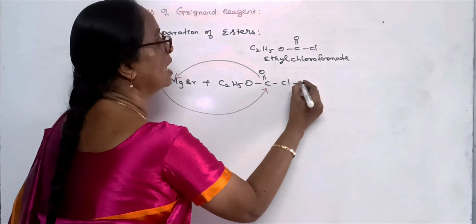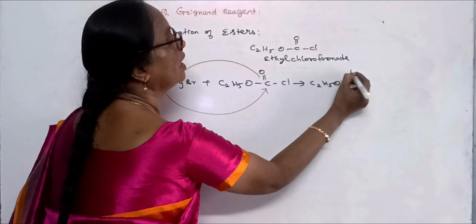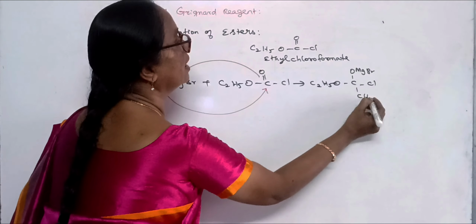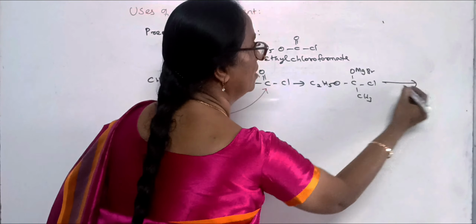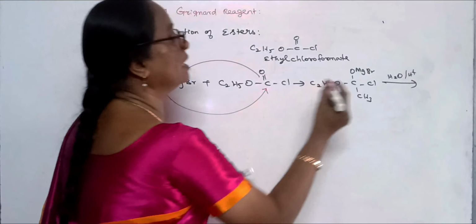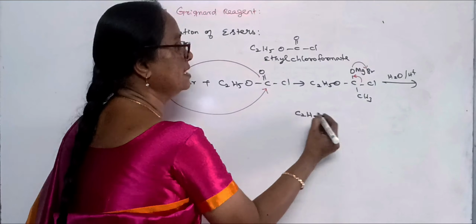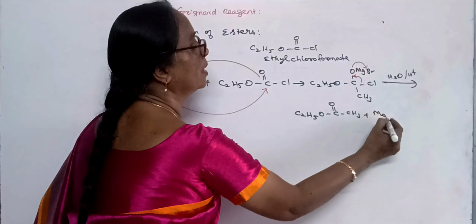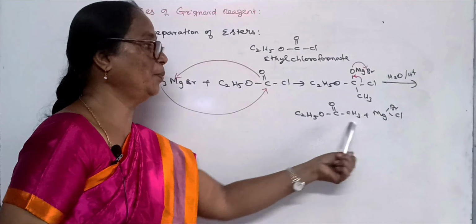So the adduct will be C2H5OCOMgBrCl with CH3. Now during the hydrolysis in presence of acid, the chlorine atom, that C-Cl bond, migrates towards the MgBr, so C2H5OCOCH3 plus MgBrCl.